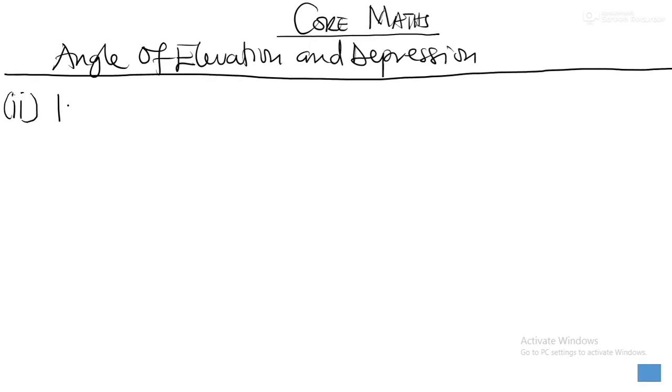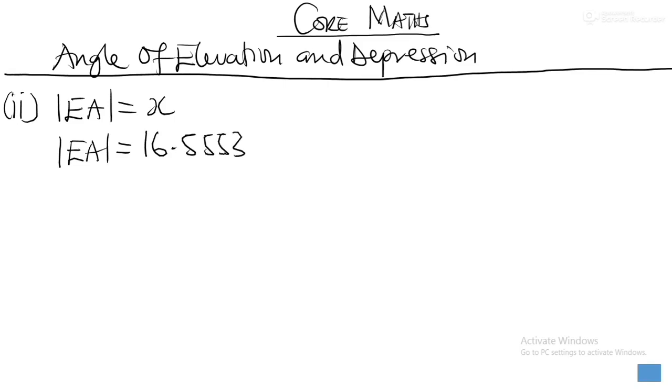So EA is equal to x, and we have found x to be equal to 16.5553 meters. So that is one of the distances.